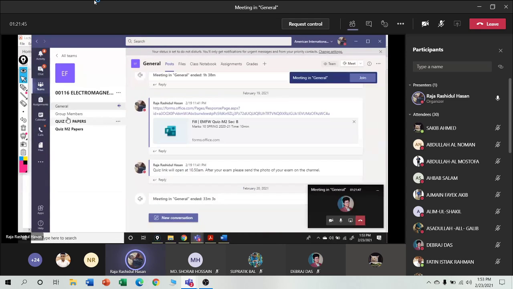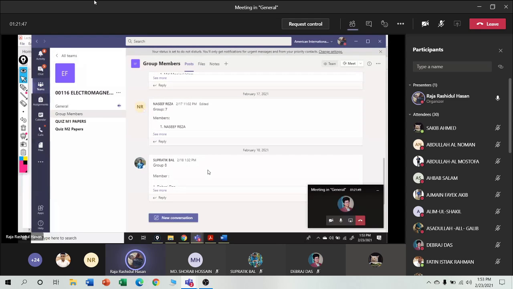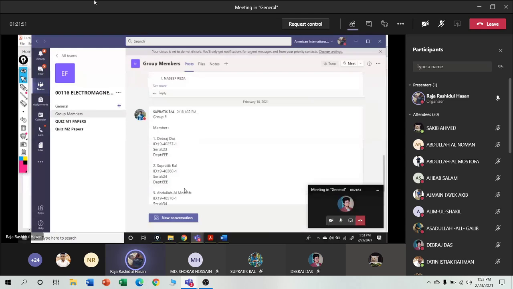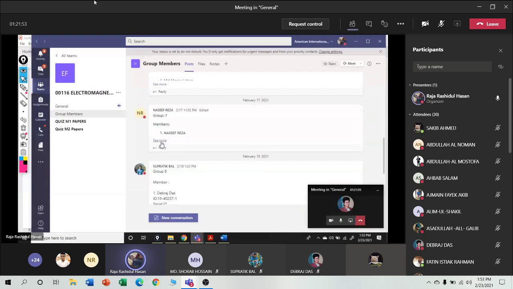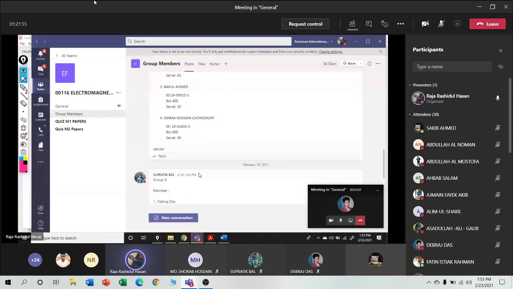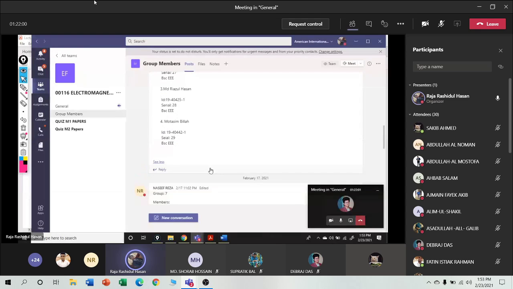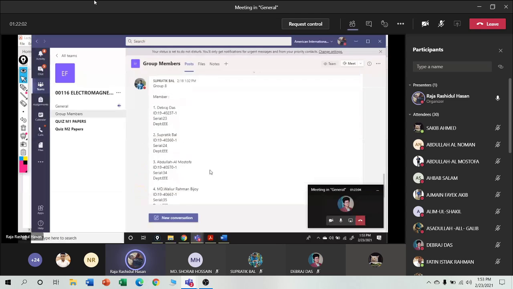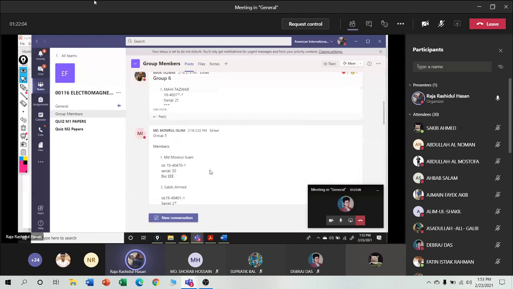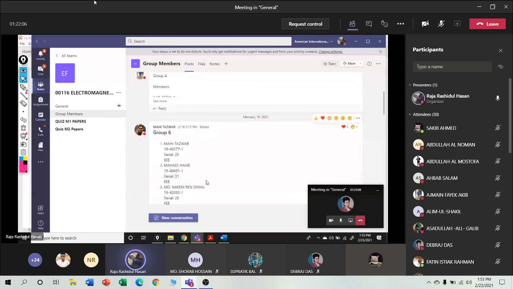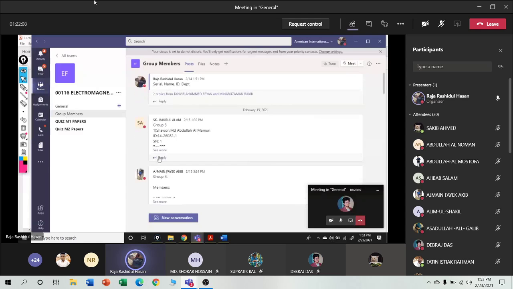And another thing, already you have created your group. So anyone is here who have not any group? কেউ কি আছো যে গ্রুপ হয় নাই এখনো? 8 4টা 32 তাহলে anyone is missing, there is no group? Okay, already you have assigned your group number. Very good.